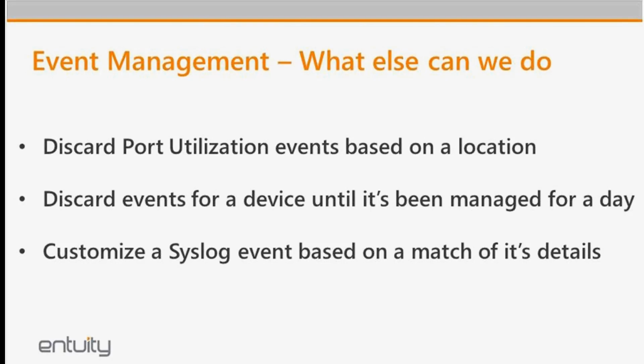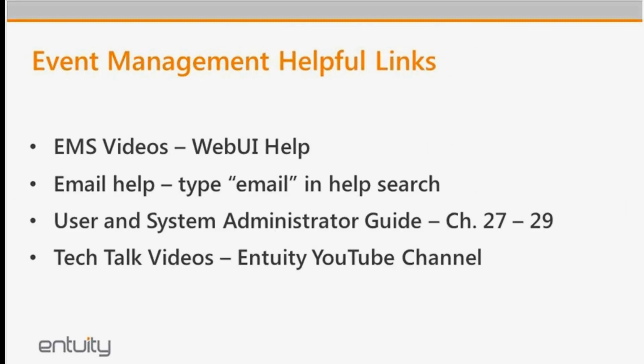The other thing that we'd like to look at is where to go to find information about setting up rules, setting up some of the additional email features that we've talked about today, and other things about the EMS. Larry pointed to one of the pages in the System Administrator Guide, in Chapter 27, on how you can format emails and how you can set that up.